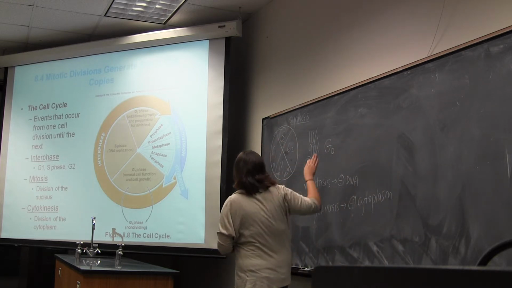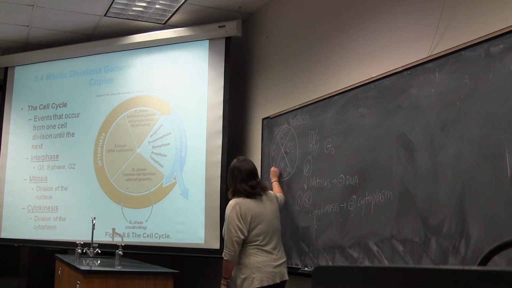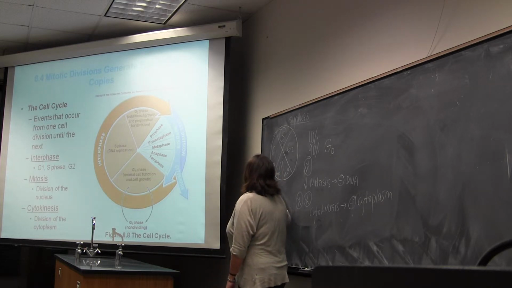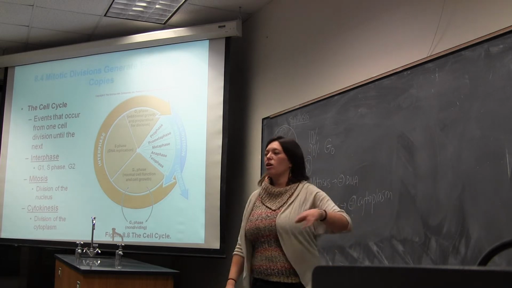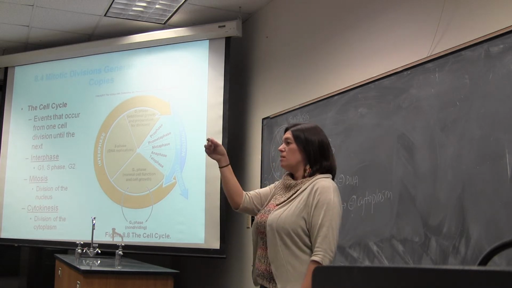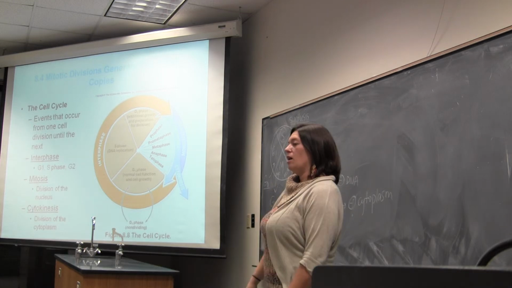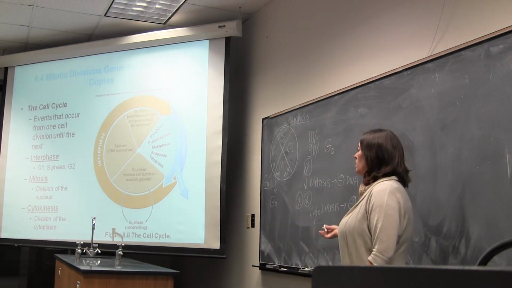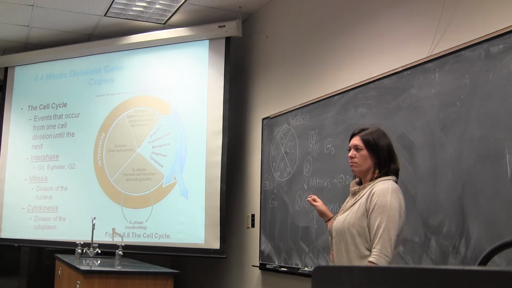And so at that point, once you finish M phase, the cell's already made a copy of itself. So now the cell will leave and go back to G0. So when a cell undergoes cell division, it'll enter in G1, go around once, and then once it's made a copy of the cell, it'll leave and go back into G0, or the non-dividing stage of the cell.